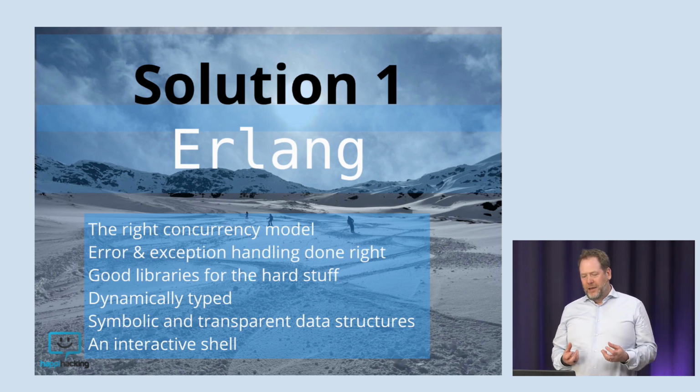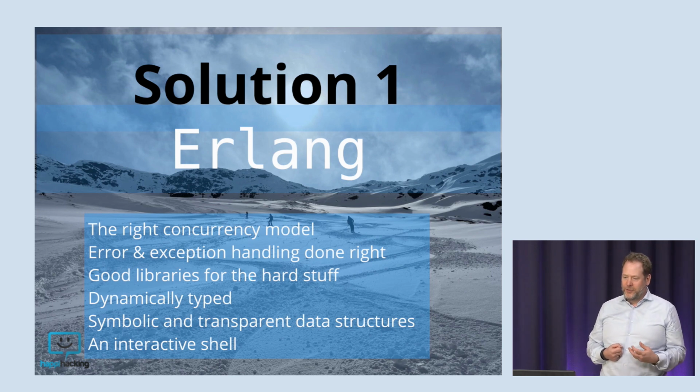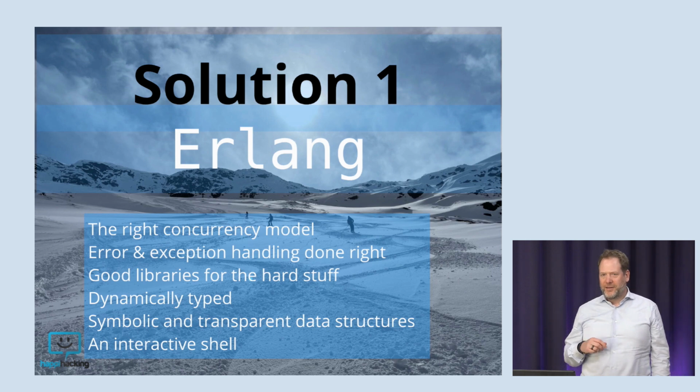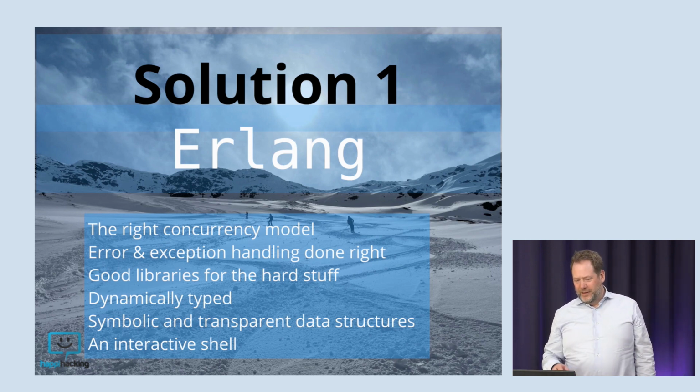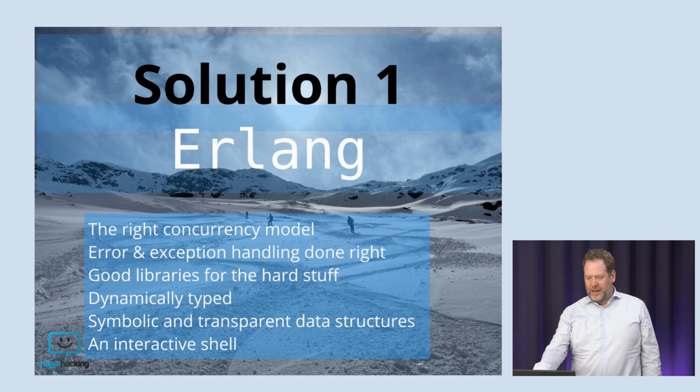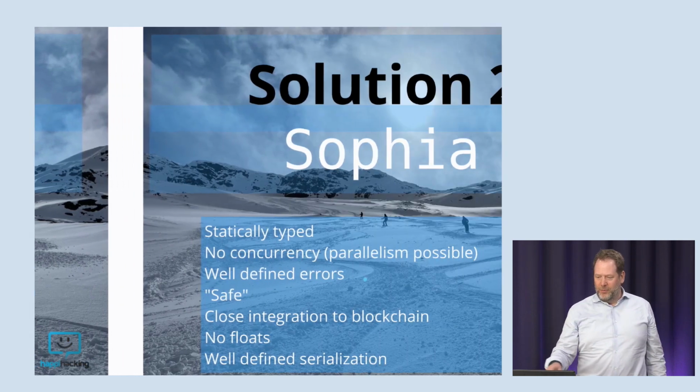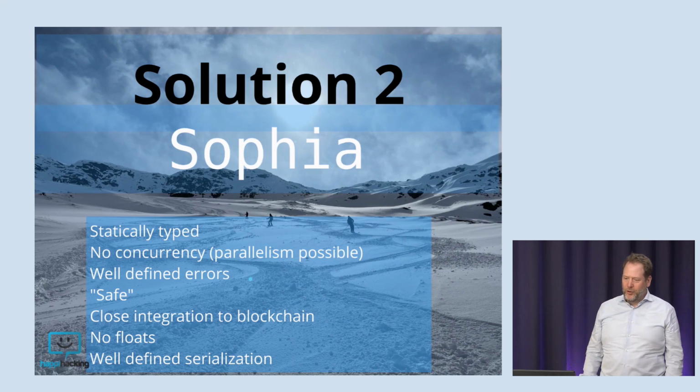And it has symbolic and transparent data structures and an interactive shell. So it's very easy to log on to a running Erlang system and actually look at what's happening in that system and understand what's happening, because everything is symbolic and everything can be seen exactly what it is. It's not just numbers in memory. Well, in the end, it's just numbers in memory, but you have things on top of it to make it easy to understand.